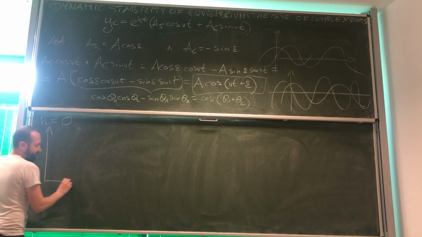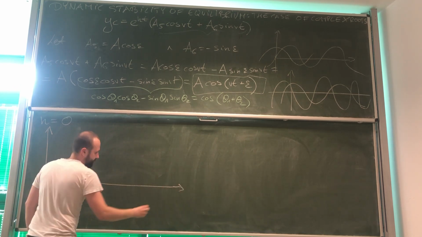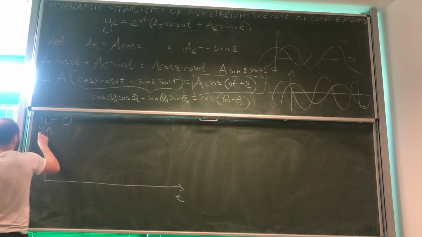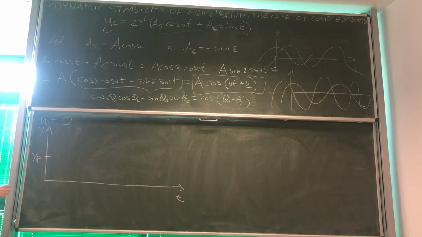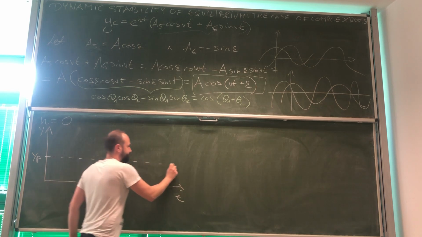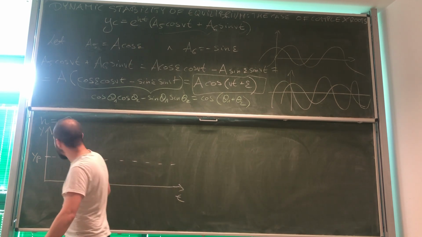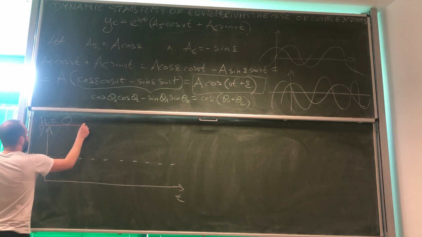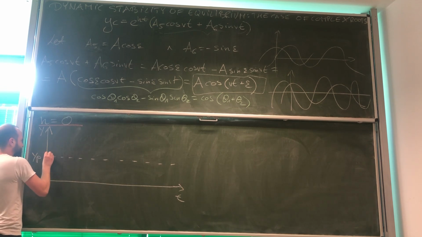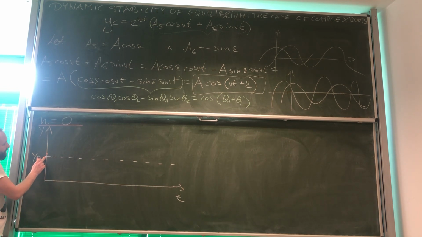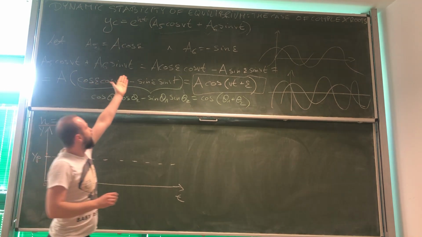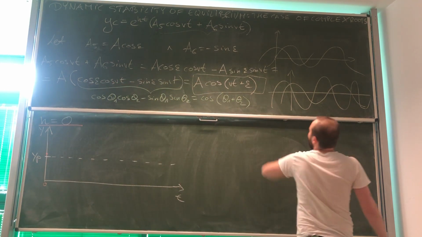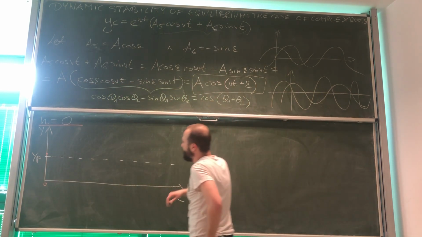Let's just say that here we have time, here we have value of y, and this is our particular integral, so equilibrium values. And let's just say that at time 0, our variable is out of the equilibrium, just by little. What will happen then? Well, we get it just by looking at what happens to this sum of sine and cosine, right?